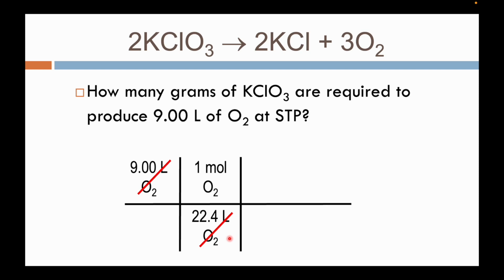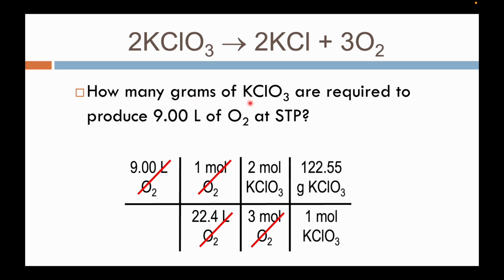Now it's time for the molar ratio. It's a 3 to 2 ratio. For every 3 moles of oxygen, there are 2 moles of potassium chlorate. Cancel out that moles of oxygen. Now we want to convert moles of potassium chlorate into grams. So 2 moles, the moles are going to cancel.